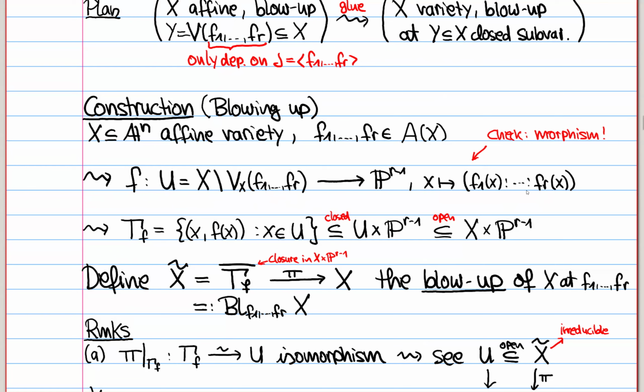So we have seen something like this in the setting when this here was a projective variety and we removed the vanishing locus. But you can go through the same proof and just check that everything works, or you can try to reduce that proof to this case here. But in any case, it's possible to check that this is a morphism of algebraic varieties.